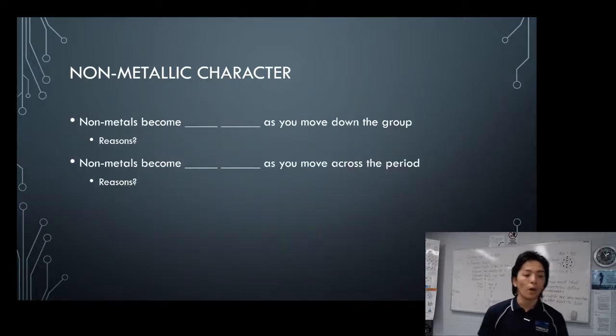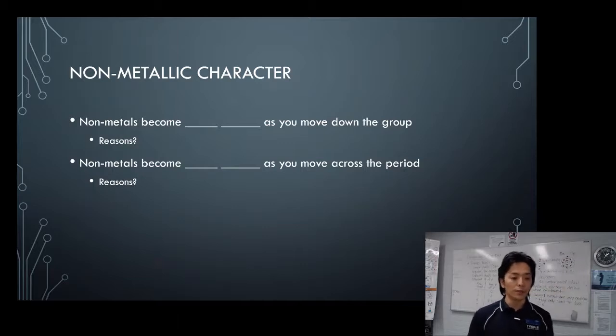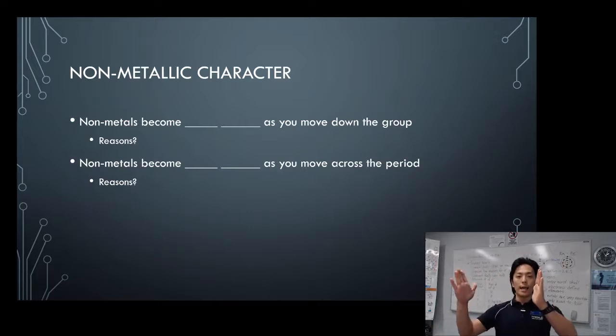Okay, so if you go down the group, what's going to happen to the reactivity of non-metals? It's going to decrease. And what are the reasons? Hopefully you can rewrite what we were saying for metals before, but opposite. If you're going down the group, non-metals will be less reactive because the number of shells is increasing, therefore there is more distance from the nucleus to the outermost shell.